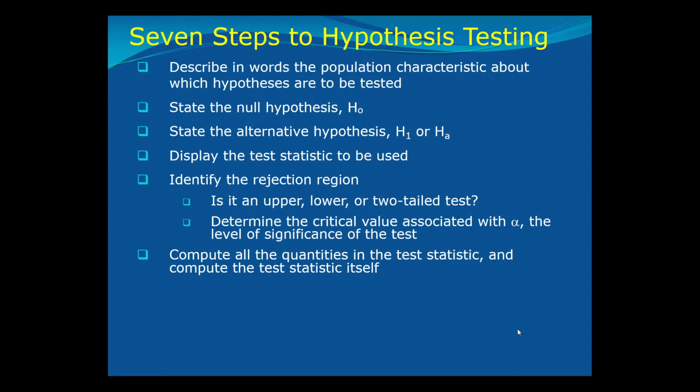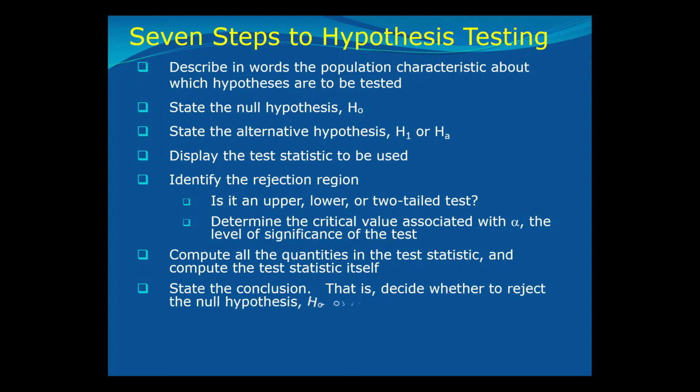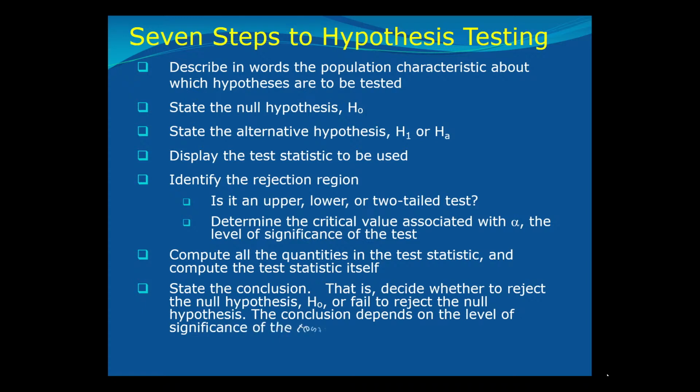Then we need to compute all quantities in the test statistic and compute the test statistic itself by using statistical applications. Then we need to state the conclusions, that is, decide whether to reject the null hypothesis H0 or fail to reject the null hypothesis.